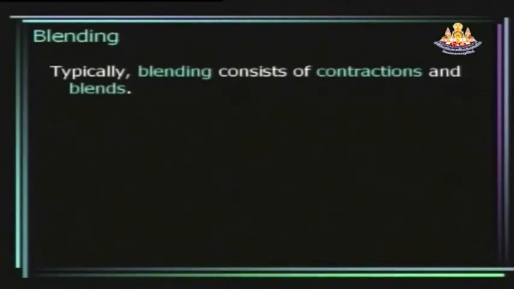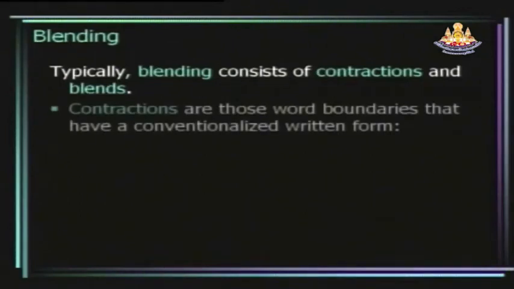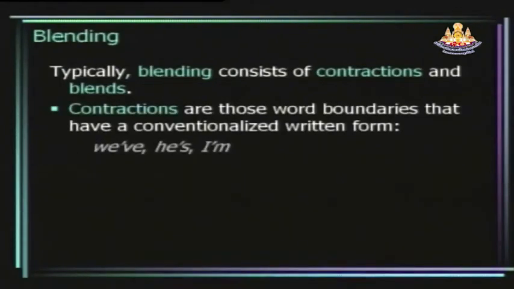Okay, let's say a few more words about blending. Blending is the general term that we use to talk about words running together. And under blending, we can talk about contractions and blends. Contractions are those words that have a conventionalized written form.